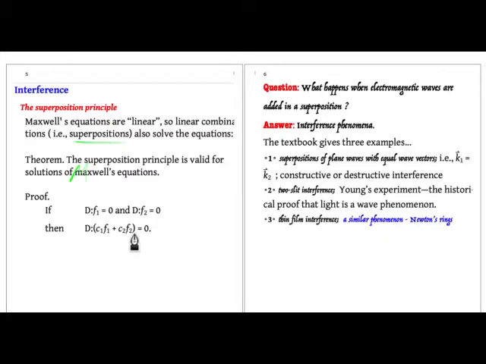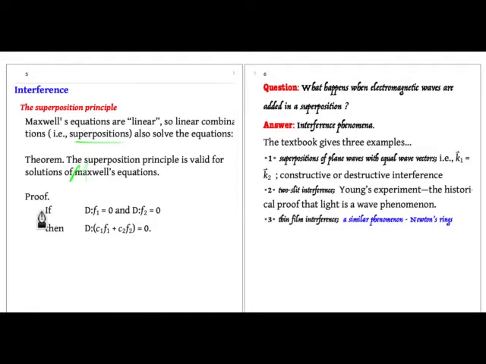Add those together, that's another solution. So if you have two solutions, F1 and F2, because C1 and C2 are arbitrary constants, this gives me a whole infinite family of solutions to Maxwell's equations built out of the two basic solutions, F1 and F2. And the proof of this is very simple.